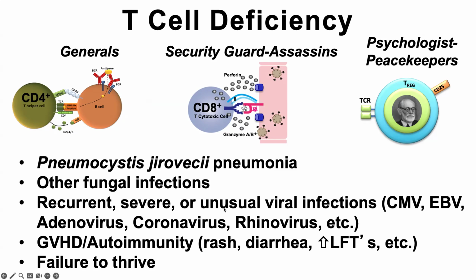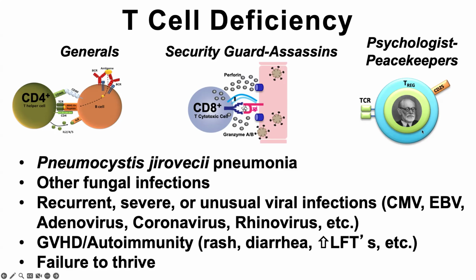So intracellular pathogens like viruses, even viruses that don't bother us too much, like rhinoviruses, the classic cold virus, can't be dealt with. And so those become pathogens that can be life-threatening in patients with severe combined immune deficiency, for example.